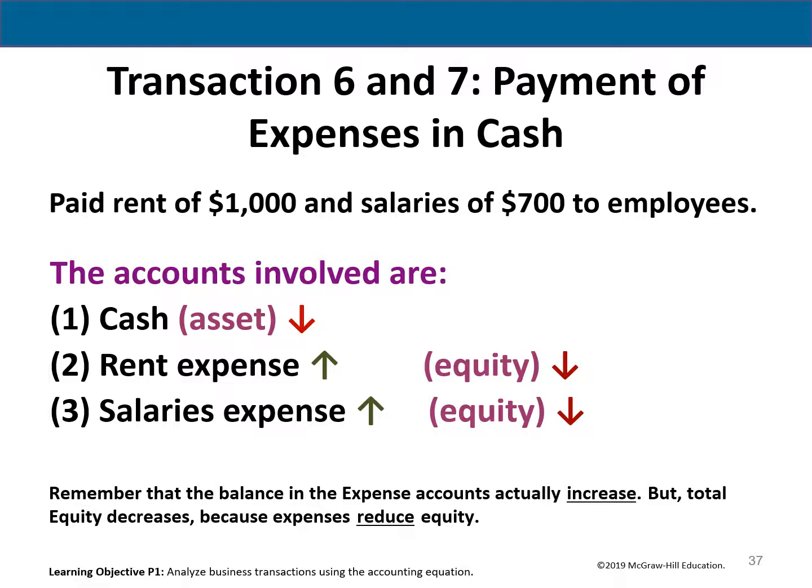Now, notice there's increases and decreases there, and you're like, which is it? What you have to remember is an expense always has a negative impact on the equation. But just like revenue, we always want to add the amount into the rent expense or salary expense column, so we accumulate a total amount of each expense for a time period.